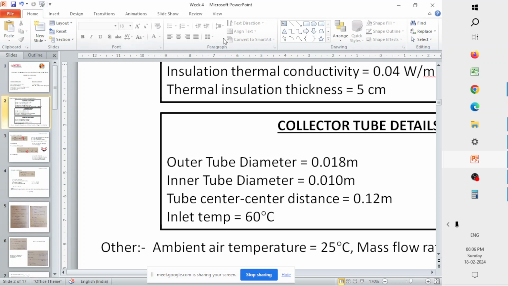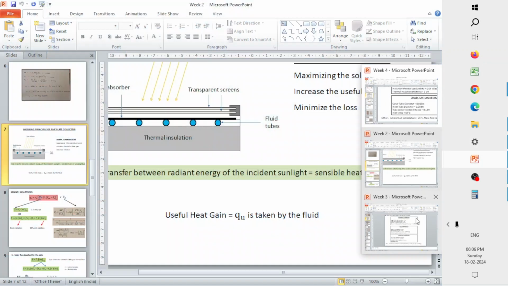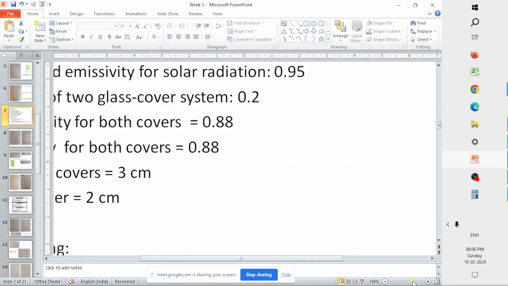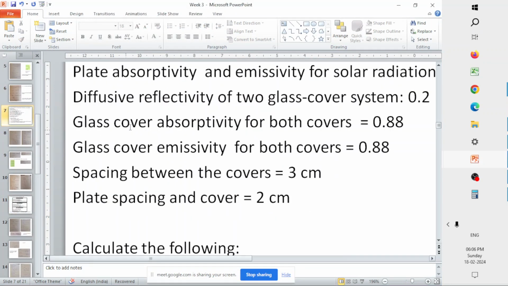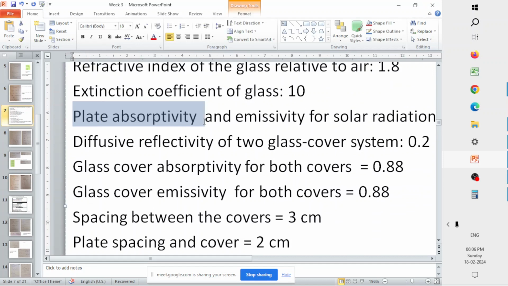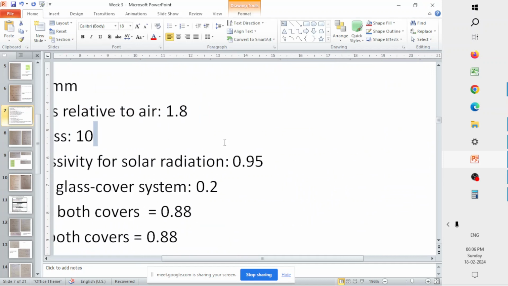Oh, this was given in the previous question. Let's go to the week 3 slide. If you see here, plate absorptivity and emissivity for solar radiation is 0.95.